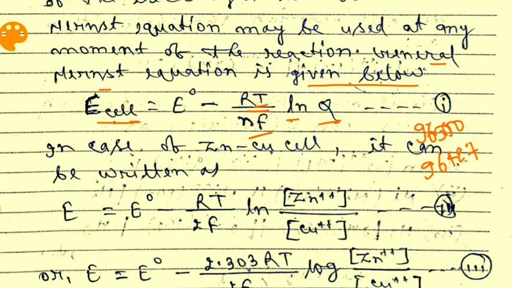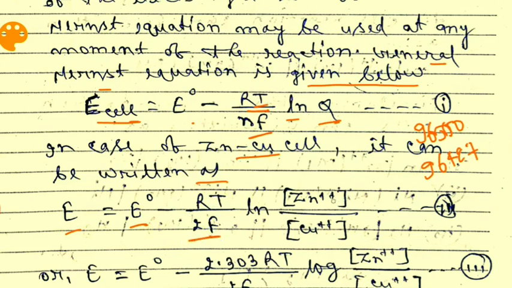In case of the zinc and copper cell, it can be written as E is equal to E naught, meaning electrode potential is equal to standard electrode potential when concentration is 1 M, minus RT by 2F. Why 2F?